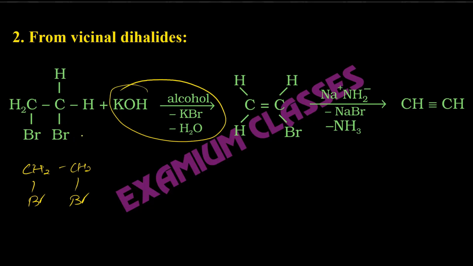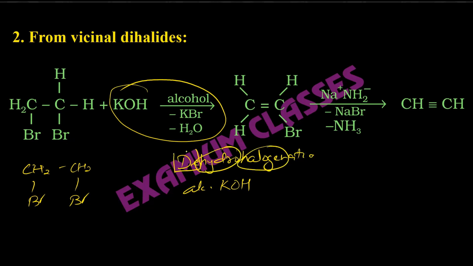This is something we have already talked about. In preparation of alkenes, I talked about dehydrohalogenation done by alcoholic KOH. Dehydrohalogenation means hydrogen and halogen removed. D means removed. These are removed by alcoholic KOH.